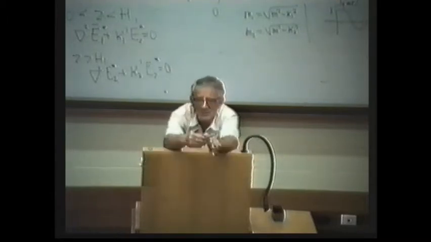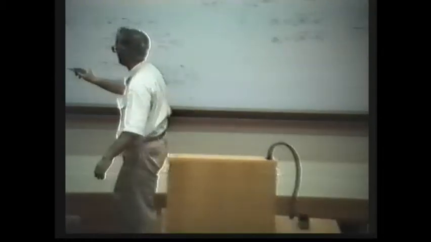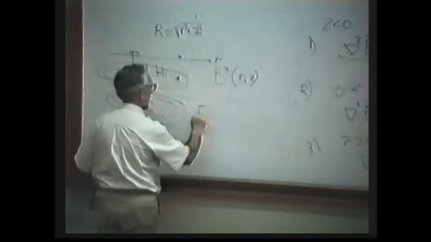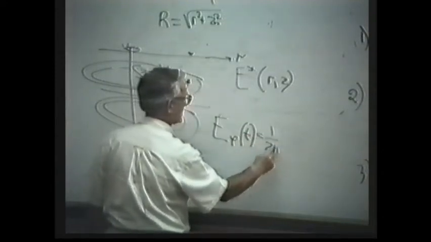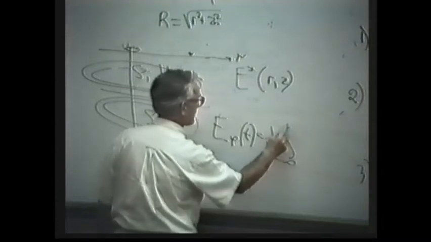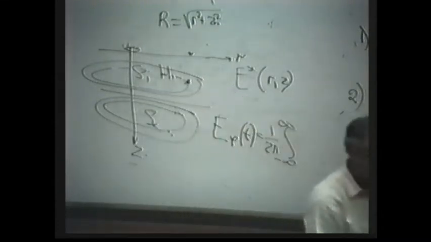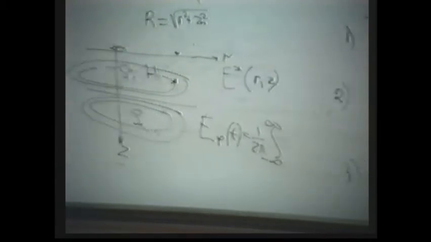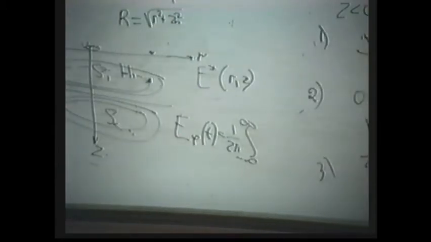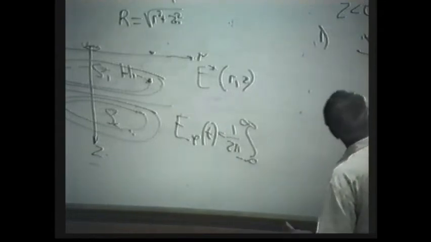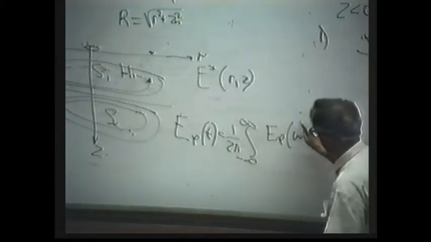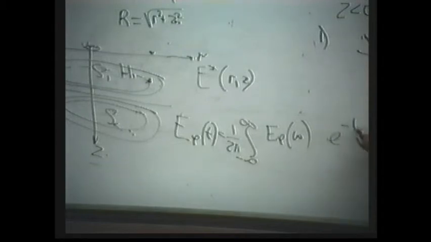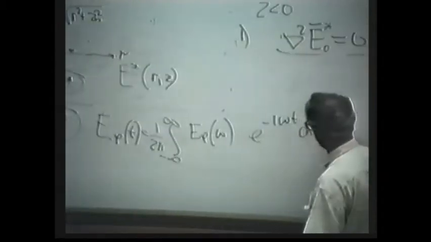Take the Fourier integral, which, if you remember, is: the electrical field in the time domain is equal to unit divided by 2 pi, integral from minus to plus infinity, of the solution in the frequency domain, e^{-i omega t} d omega.